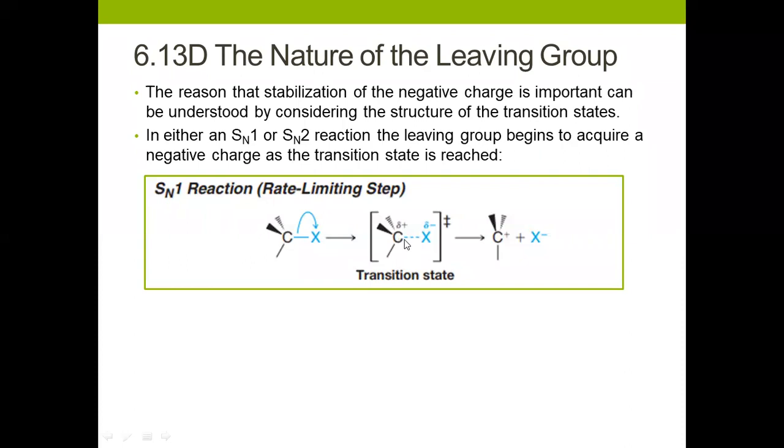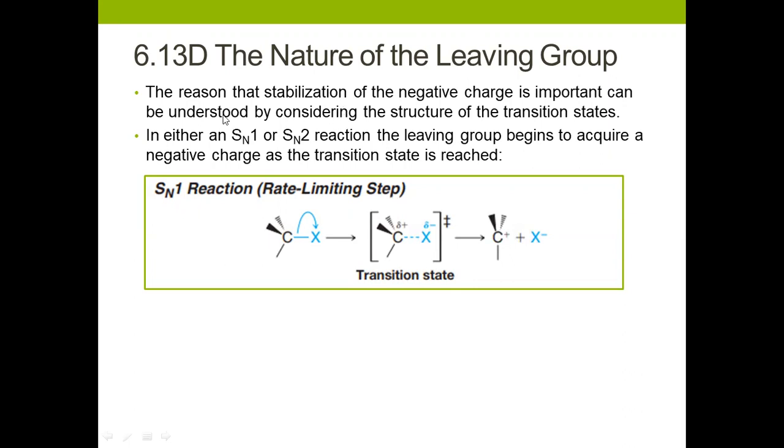It means the bond breaking process is developing, and the leaving group will take with it all the electrons due to the bond between carbon and the leaving group. So when it leaves, you will have your positive carbocation, and of course your leaving group here.